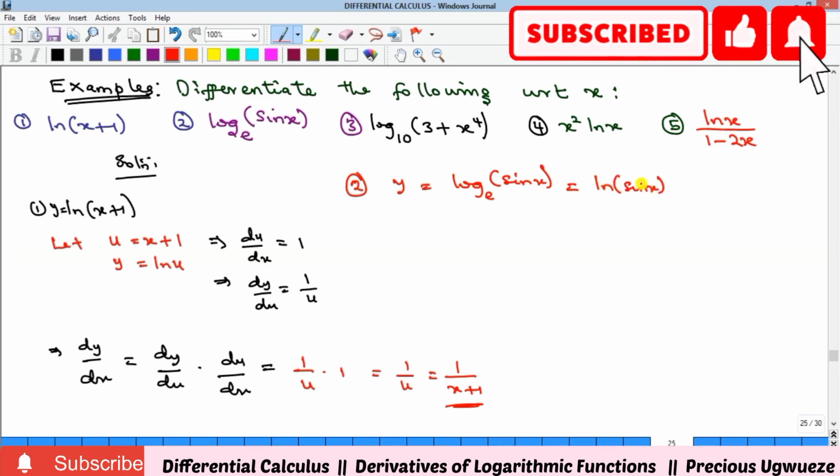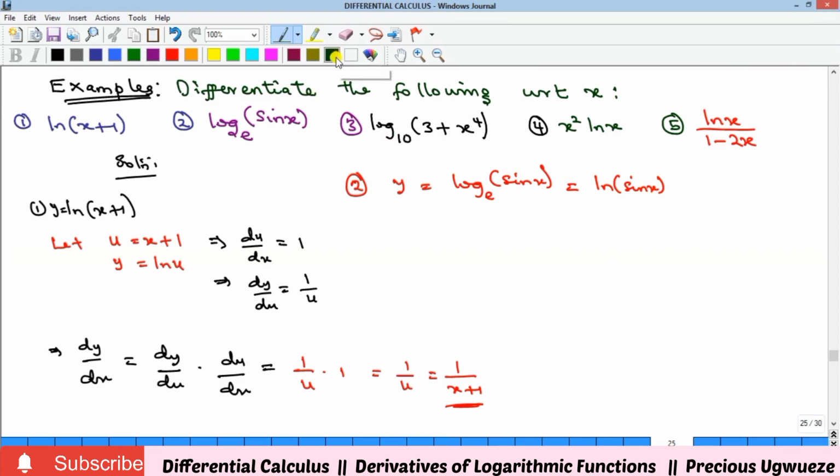Okay, and like I did earlier, here let u be sine x because this is a function of function, and if it is sine x, it means that du dx is equal to cos x. And so if u is now sine x, therefore our y will be what? Ln u, and immediately dy du will be equal to 1 all over u.